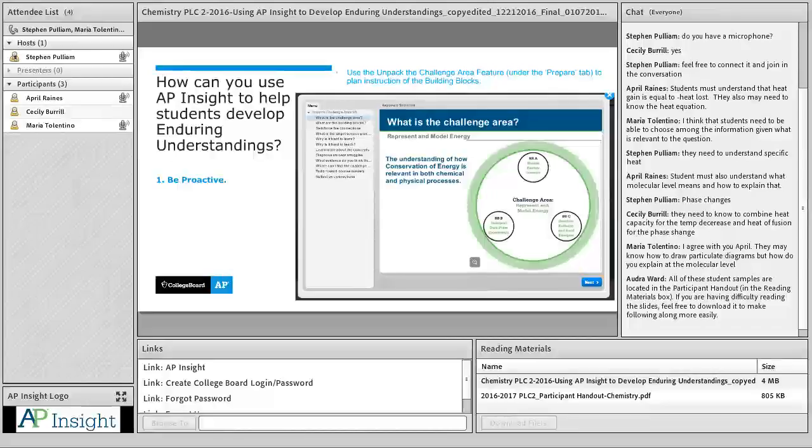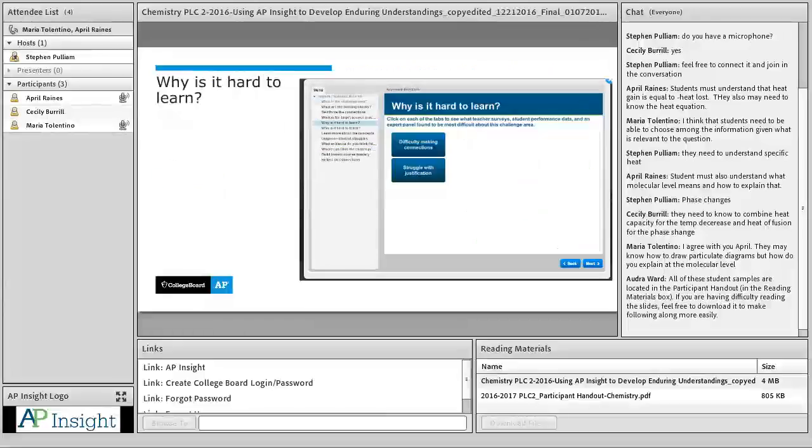are the resources that lay out the student misconceptions. When you go on AP Insight to the Unpack the Challenge Area feature, and it walks you through step by step, there's also a PDF document that you can download that has student misconceptions. As you click through it, it outlines why this area is hard to learn.